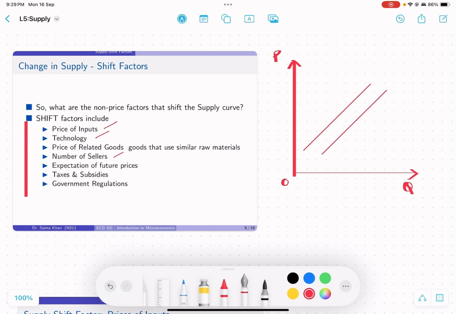It's either going to shift in this direction or in this direction. Let's call this S1. When it shifts to the right, we're talking about a rightward shift.